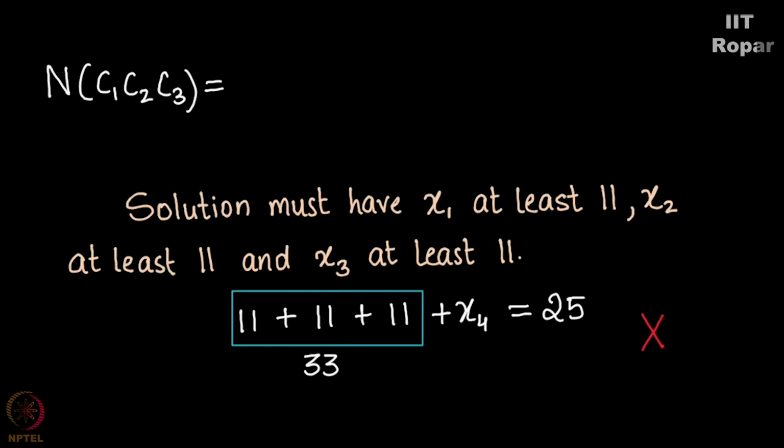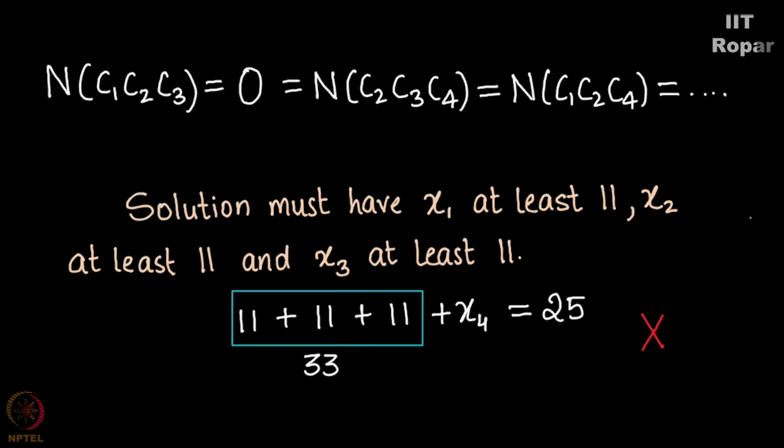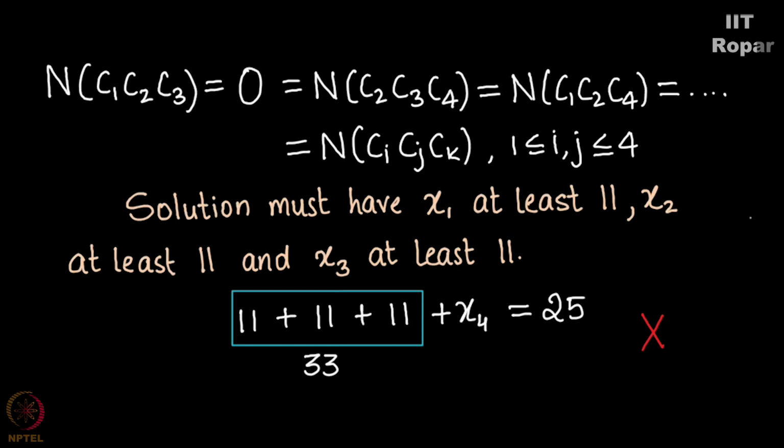And hence, n of c1, c2, c3 is 0. The same holds true for c2, c3, c4, c1, c2, c4 and all of them. N of ci, cj, ck is 0, with ijk lying between 1 to 4.